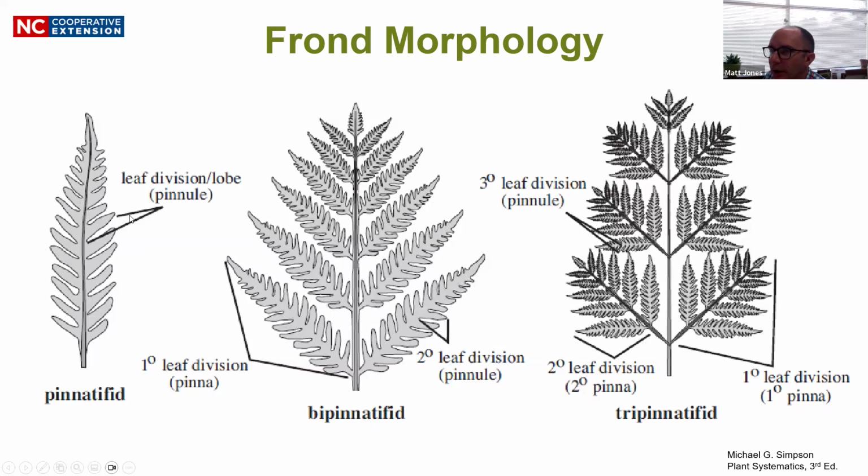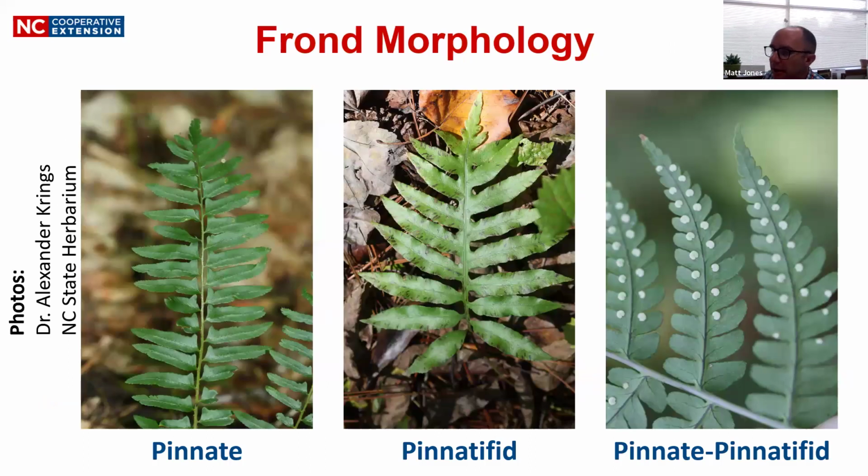What you would need to know to help identify ferns, in addition to, as we'll see, the placement and the morphology of the sporangia, is the degree of subdivision of the pinna.